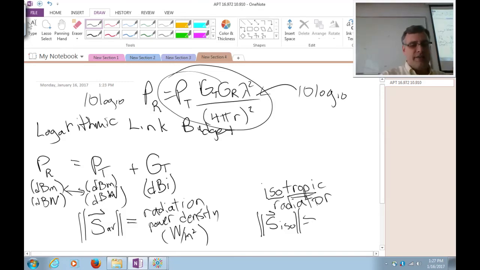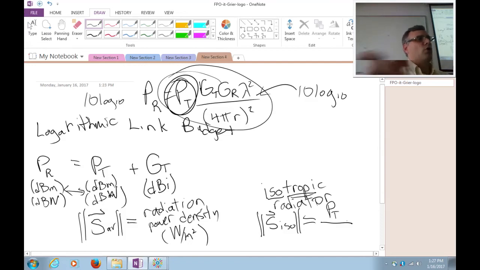So if I'm starting out with the same P sub t up here, and I'm transmitting it equally in all directions, what would be the power density in watts per square meter if that power was spread out across a sphere of radius r?